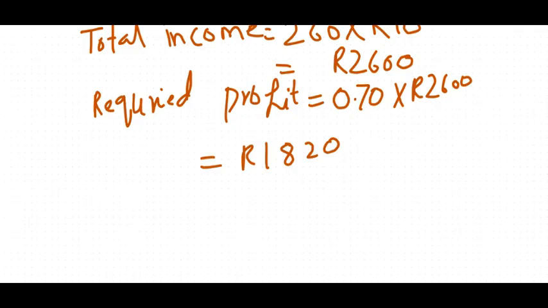The second thing we have to find out is the total payout budget. The total payout budget is the total amount available for payouts, which is the total income minus the required profit.